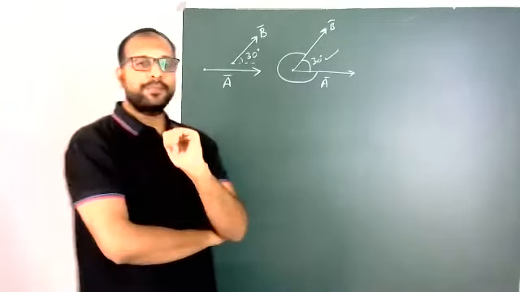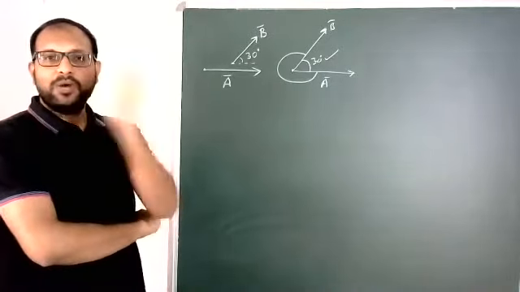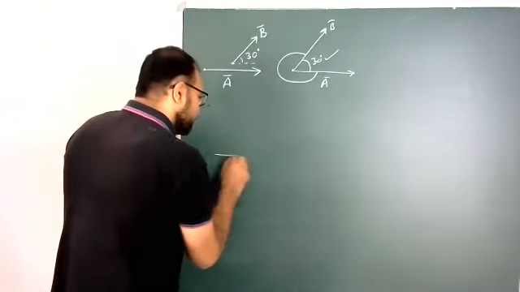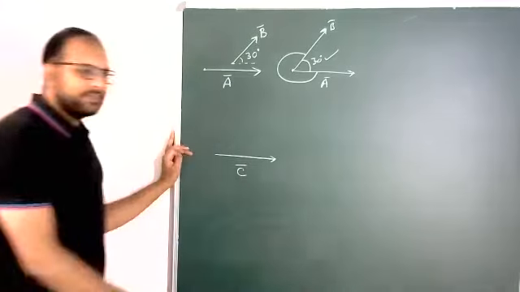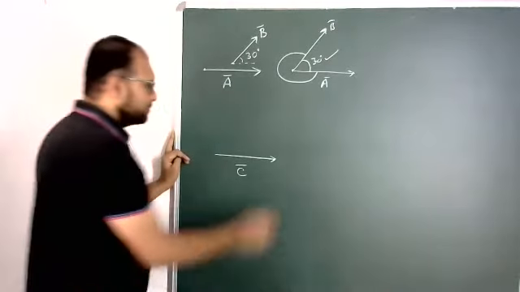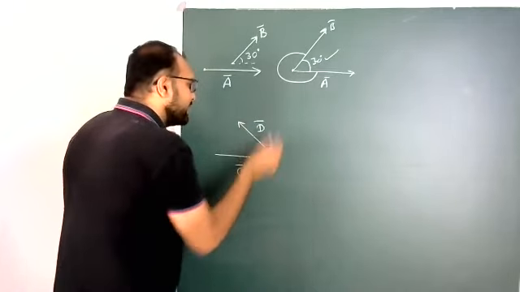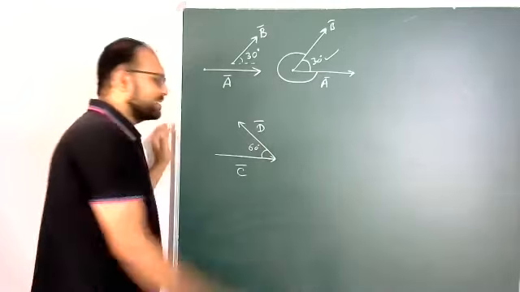Suppose another example. This example is easy, that's what I first explained. Now come to one more example. Suppose this is vector C bar and this vector is D bar. Suppose this angle is 60 degrees.